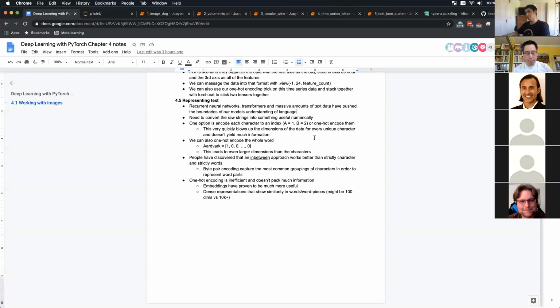And so an in-between approach, rather than taking entire words and one-hot encoding them, or taking individual characters and one-hot encoding them, is byte pair encoding, where they look at the statistics of the text and then figure out what are the useful groupings of characters. So you might have ology and bio and various different root words that are useful, and you can learn something from those specific root words and apply it across everything.